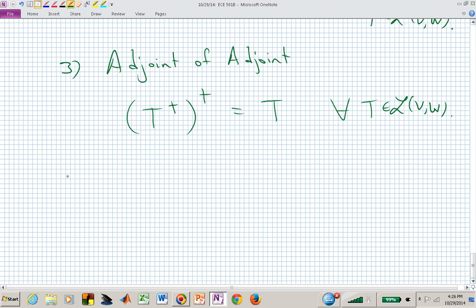A fourth property is the identity property. If I have an identity map and I take the adjoint, what would you think that would be? It's just the identity map, isn't it?